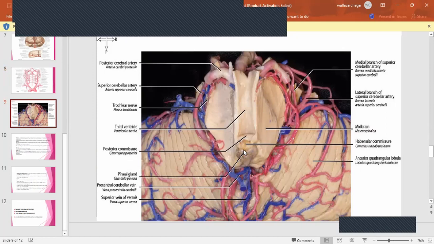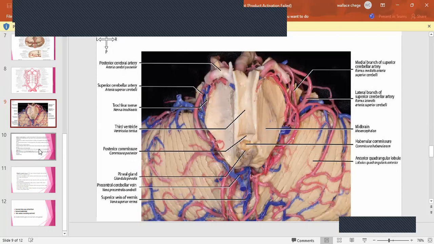The pineal gland, I will look at with the endocrine glands in another video. You can see here the superior cerebellar artery, that one. This is a lateral branch from the superior cerebellar artery. These are the posterior cerebral arteries, that one.